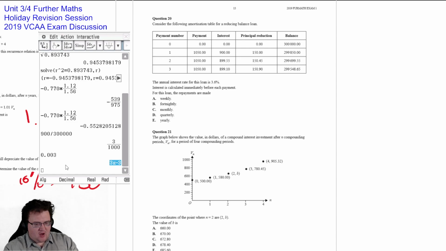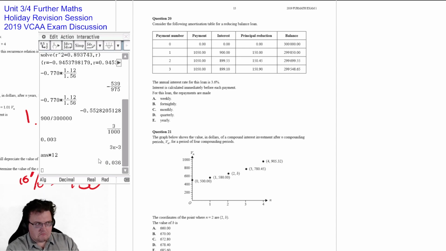What can I multiply that by to try and get to something that involves a 3.6? 0.036 is the same as 3.6%. Therefore, 12. Which of those time units uses 12? Monthly. Done.